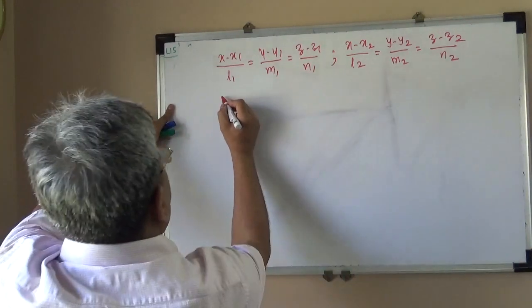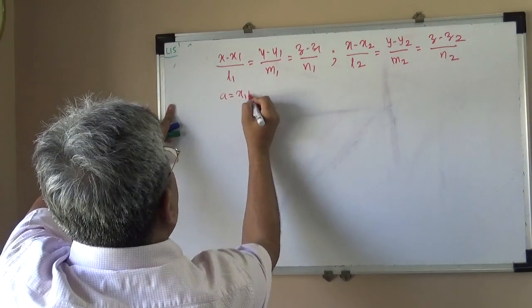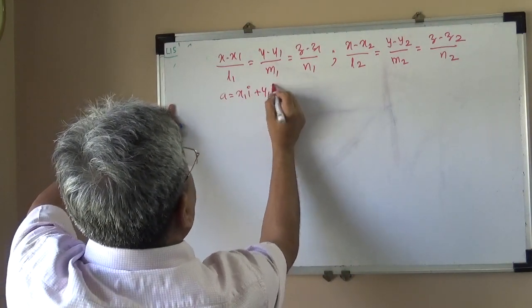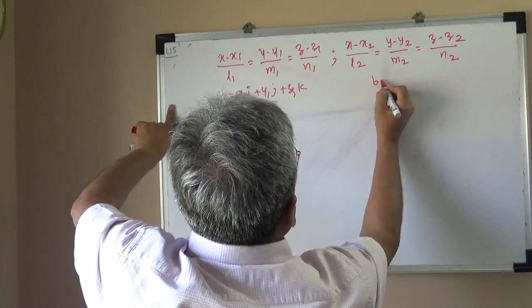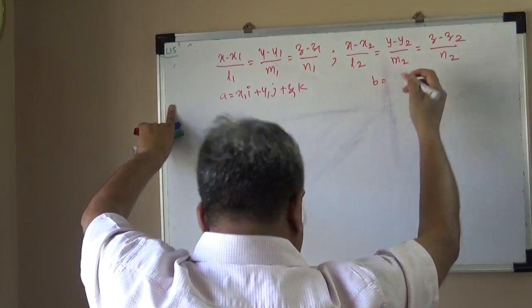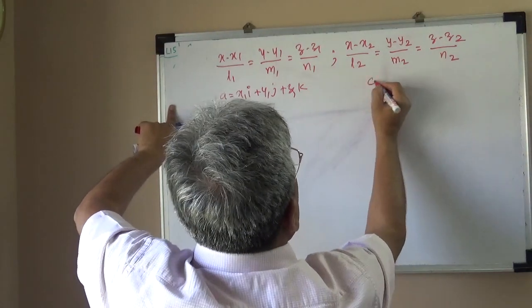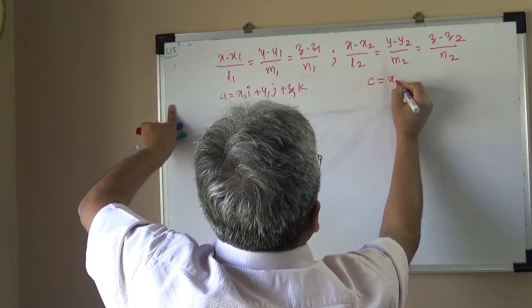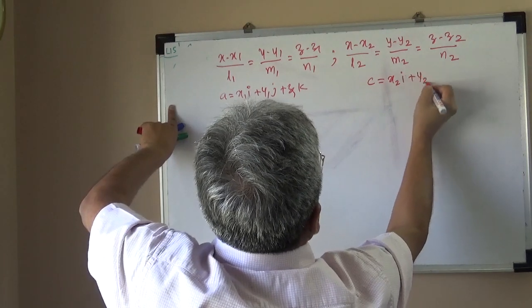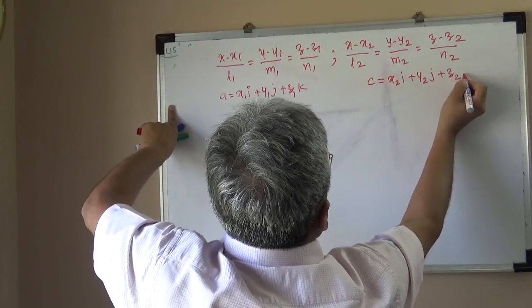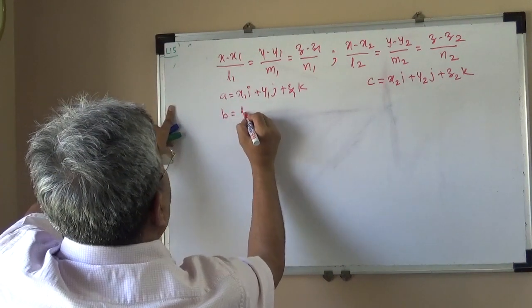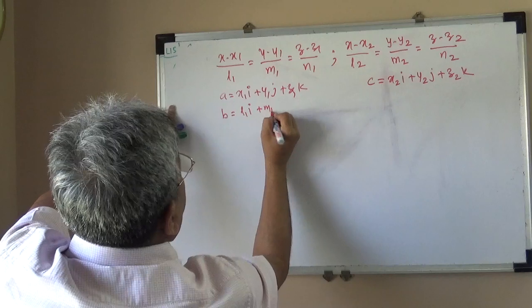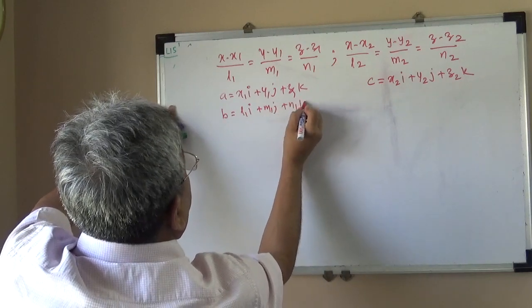Then suppose point A in this case is x1 i plus y1 j plus z1 k. Point C here, we had referred to this point as C, is x2 i plus y2 j plus z2 k. The direction vector B here is l1 i plus m1 j plus n1 k.